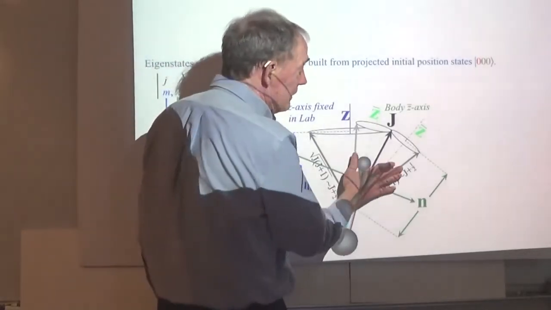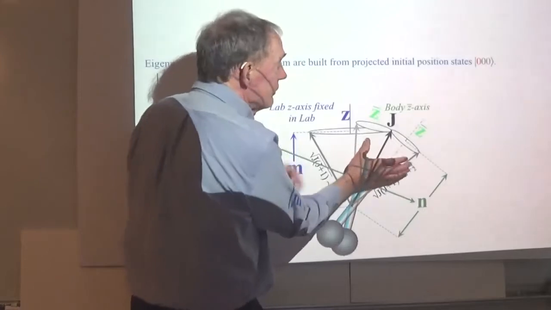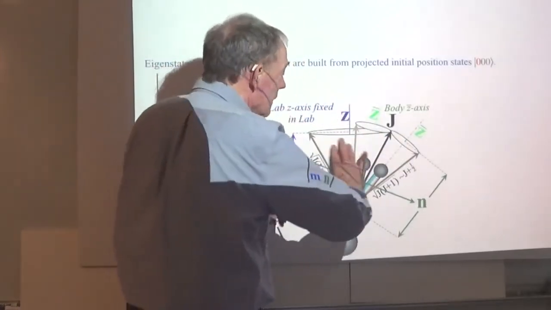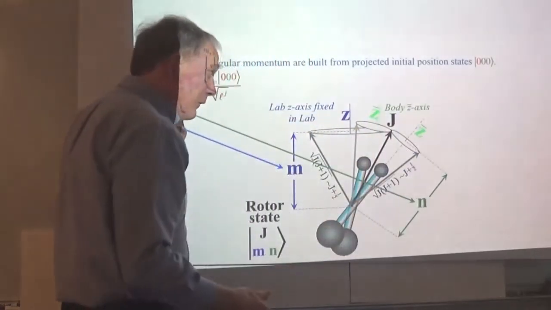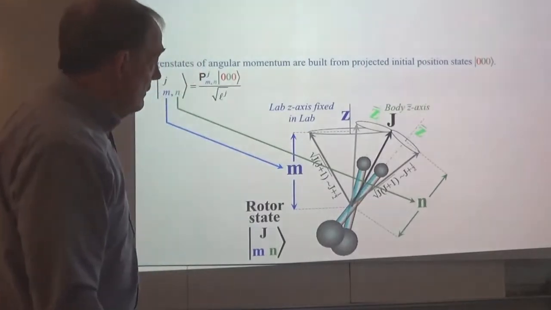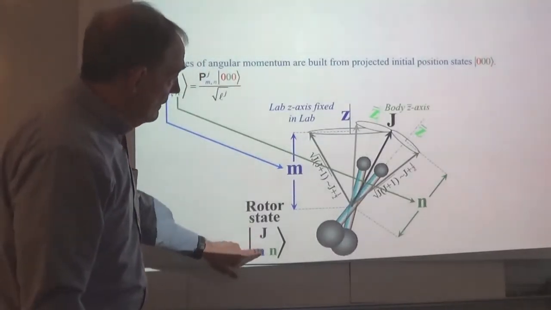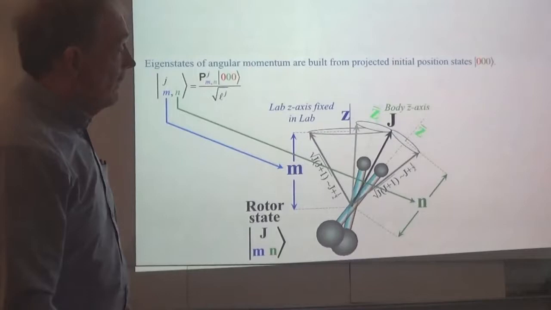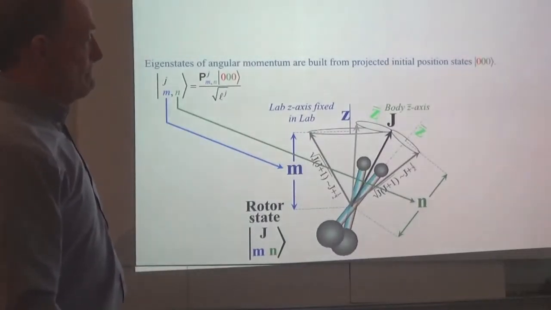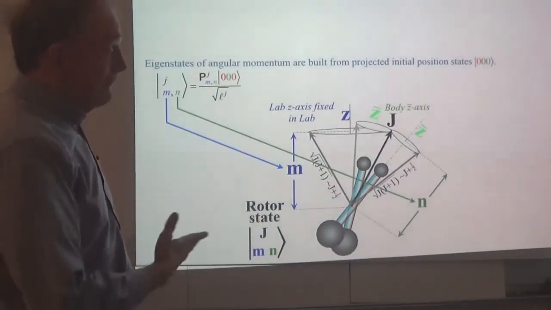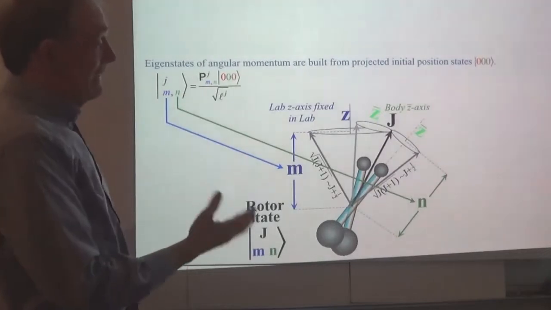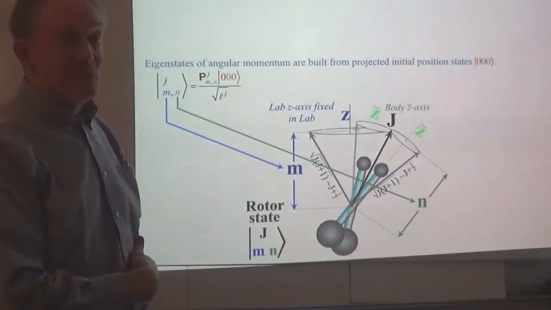So they'll see it anywhere from this side to that side, and then this whole thing will be anywhere in the laboratory. So that's what we're dealing with here. That's what this rotor state with M and N is, we're attempting to picture it. And boy, is that hard, because things don't act like that in the classical world.